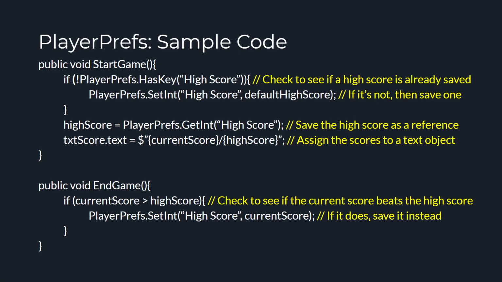Then high score equals PlayerPrefs.GetInt using the key high score, and that becomes your high score that you then show on the screen. Maybe you have some text on the screen that says the current score over high score, or maybe you have two different text fields, however you want to show it.